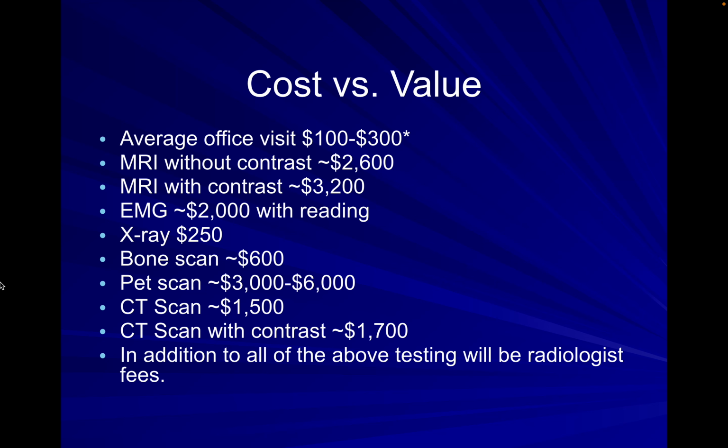EMG, or electromyography, looking at nerve function, can be a couple thousand. And CT and PET scans are also several thousand. And then there's often a radiologist fee and sometimes a facility fee for wherever you go to get this imaging done. And so these are all important things to keep in mind when doing good patient-centered care.